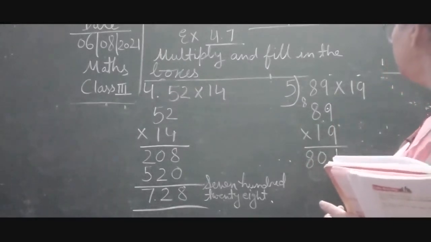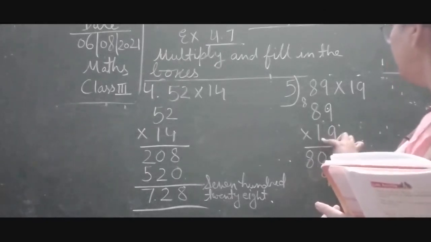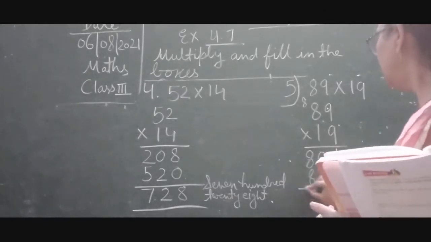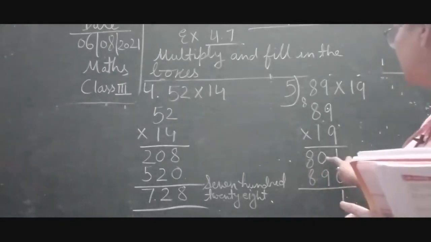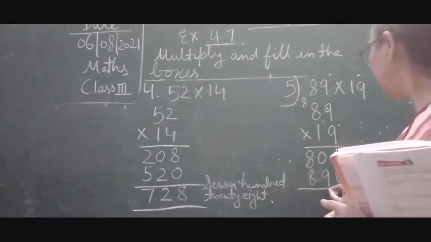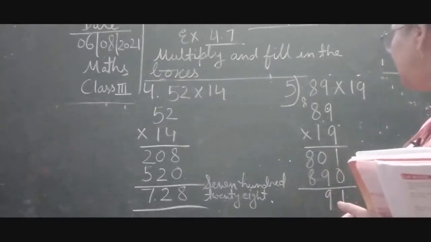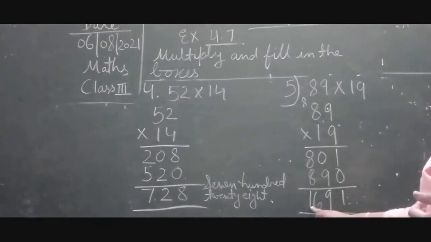Here we will write 80. Now 9, we will write 0 over here. 1 9 is 9, 1 8 is 8. So here, children, 1 we will write equally over here. Now 0 and 9 when we add we get 9. Now here 8 and 8 is 16. Okay, so 1691 is the answer.